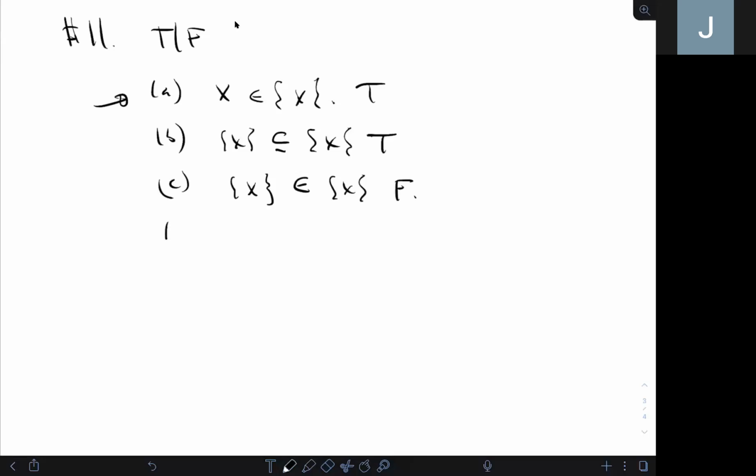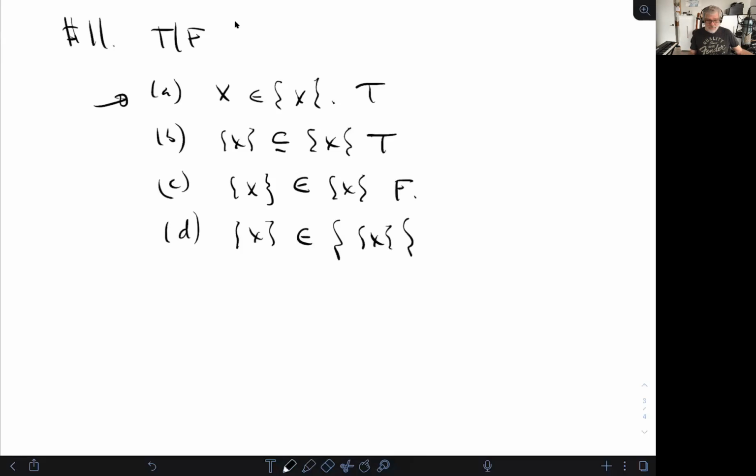Yeah. And related to your question, here's another one. The set consisting of x is an element of the set consisting of the set consisting of x. This is true. Yes, exactly, so this is in there. E: the empty set is a subset of the set consisting of x.